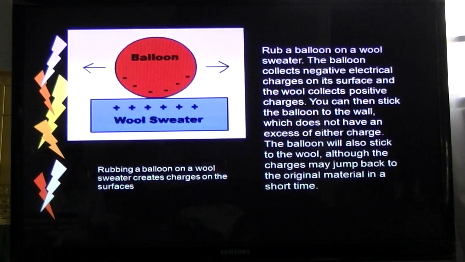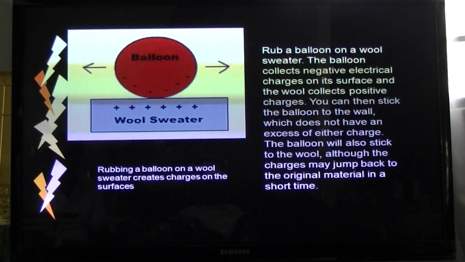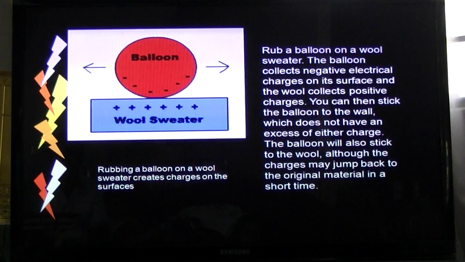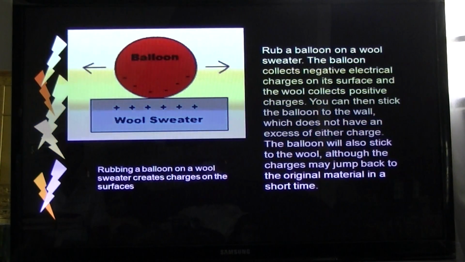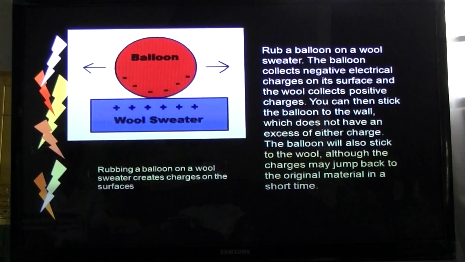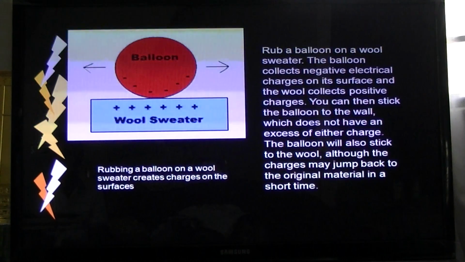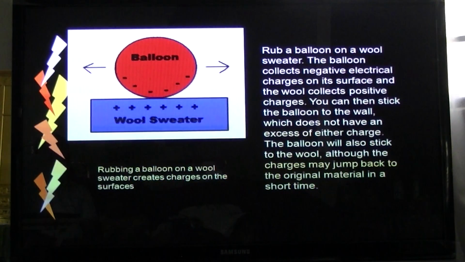When you stick the balloon on the wall, which does not have any excess of either charge, the balloon will also stick to the wool, although the charges may jump back to the original material in a short time. Rubbing a balloon on a wool sweater creates charges on the surface. So normally when you do it, the balloon will actually stick to the wall.